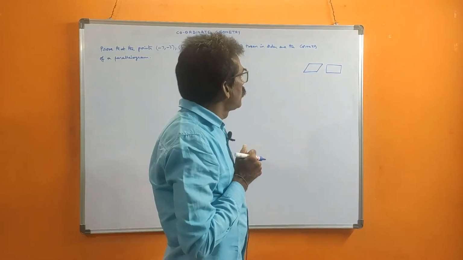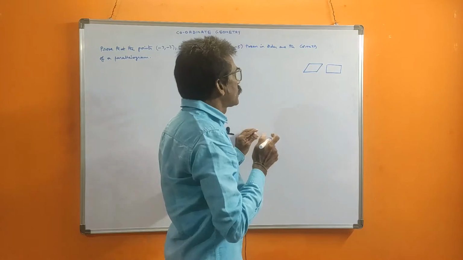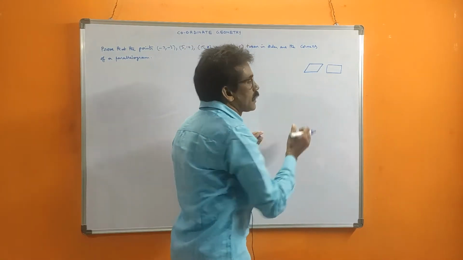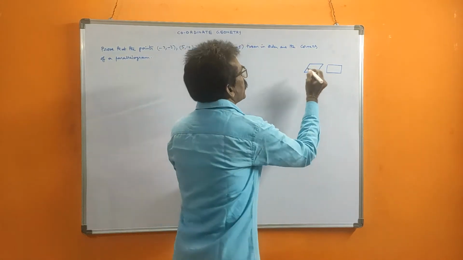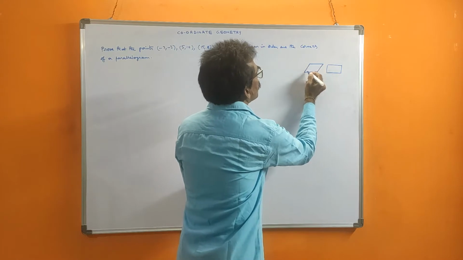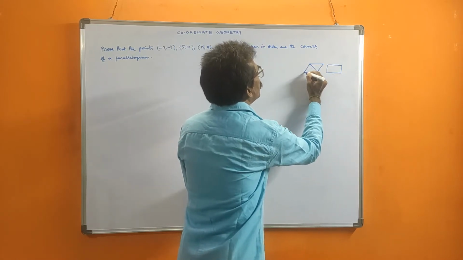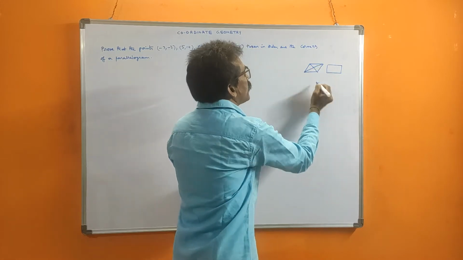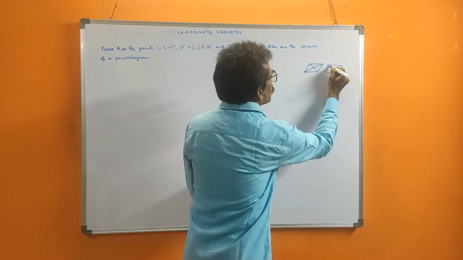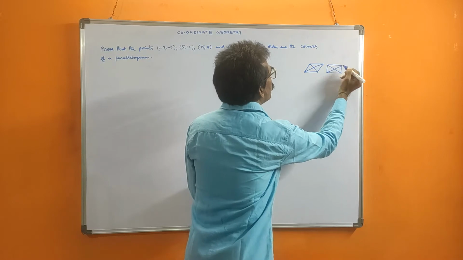So that's why specifically we should show the difference. The difference is that opposite sides are equal in both quadrilaterals, but in a parallelogram the diagonals are not equal. In the case of a rectangle, the diagonals are also equal.